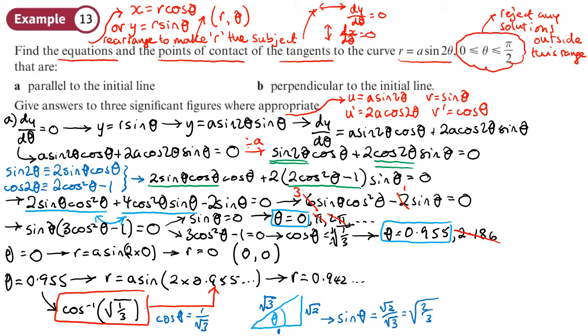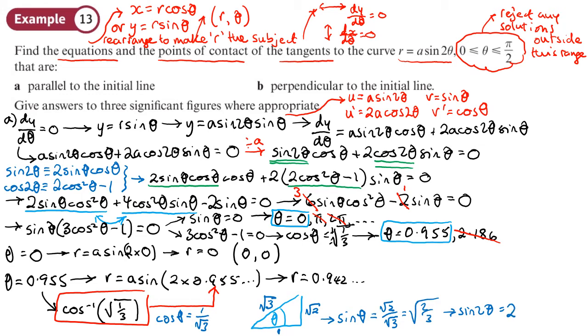So we can now use a trig identity to get the exact value of sine 2 theta, and we're going to use this one here. So sine 2 theta, which is what I need to work out here, will equal 2 sine theta cos theta.